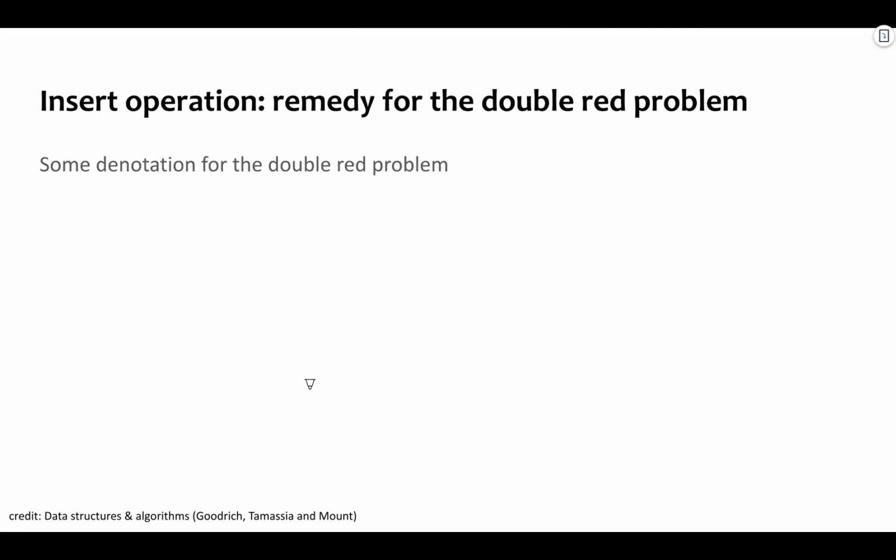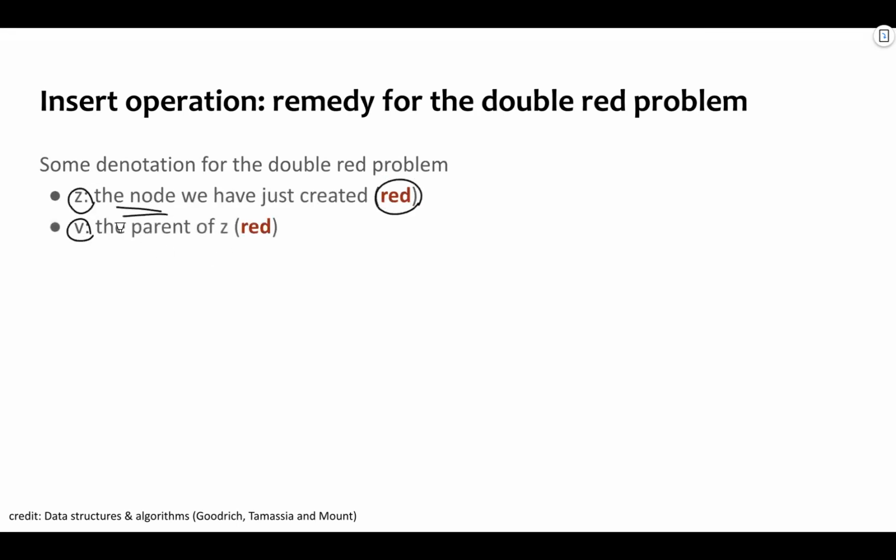Before we talk about the remedy for the double red problem, we're going to define some notations. Let's say Z is the node we have just created, and it is red. And let's say V is the parent of Z, and it is also red. Because these two are red, the double red problem occurred.